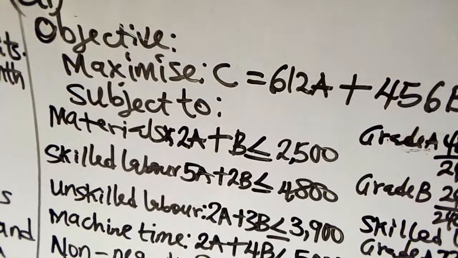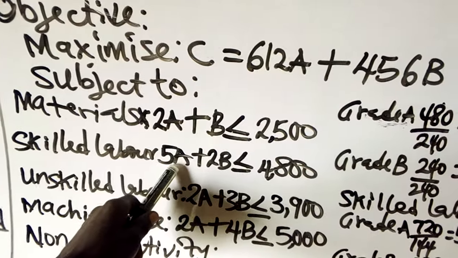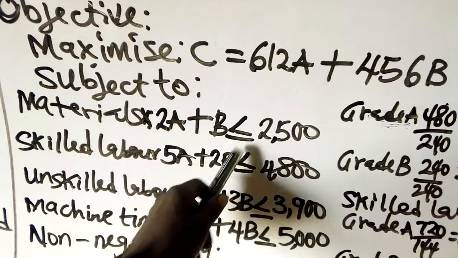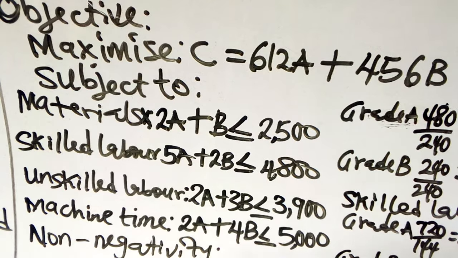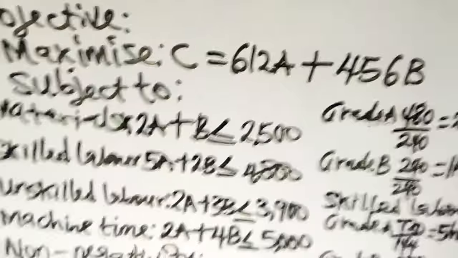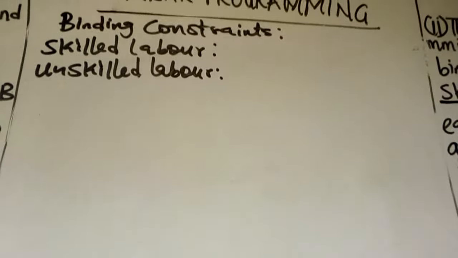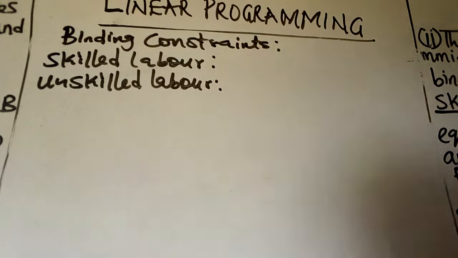So now go back to identify that. For skilled labor, we have 5A plus 2B less than or equal to 4,800. Then for unskilled labor, you have 2A plus 3B less than or equal to 3,900. You want to solve the binding constraints simultaneously.